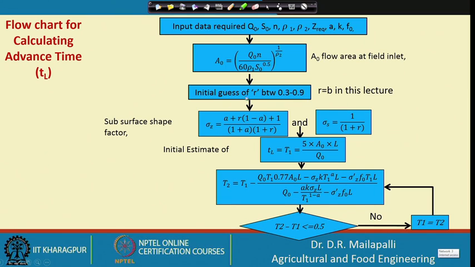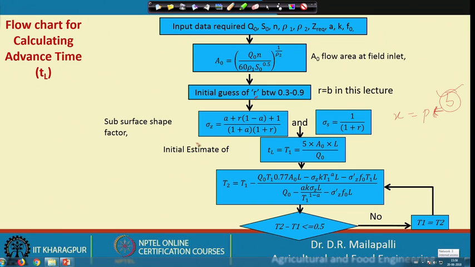Then an initial guess of R. R here is similar to b, the waterfront advance power coefficient. If you remember, x is equal to p t power b. So please note that this R is equal to b.